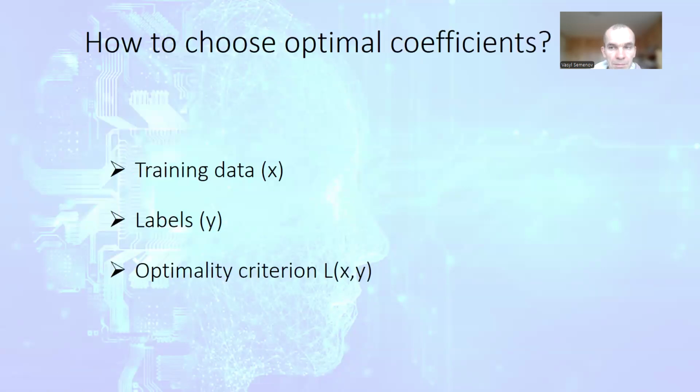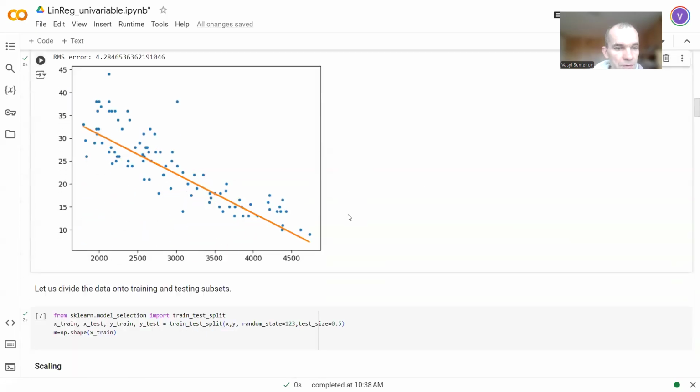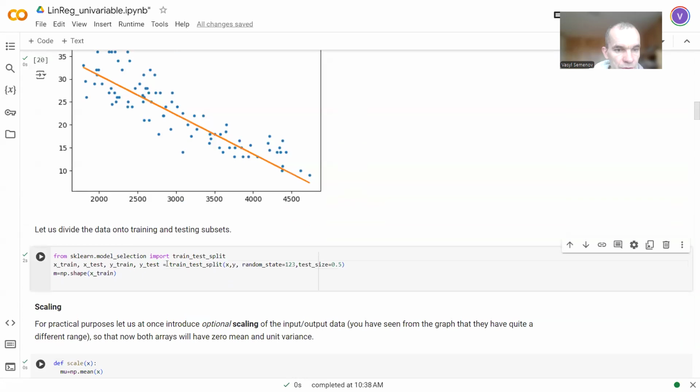So let us prepare our data, training and testing, and for this purpose we can use a specific function from the sklearn library. It's called train_test_split, a very useful and convenient function which splits our sets X and Y into train and test subparts correspondingly.